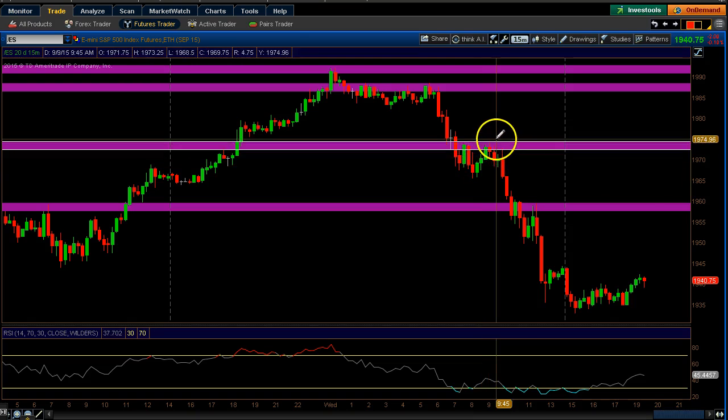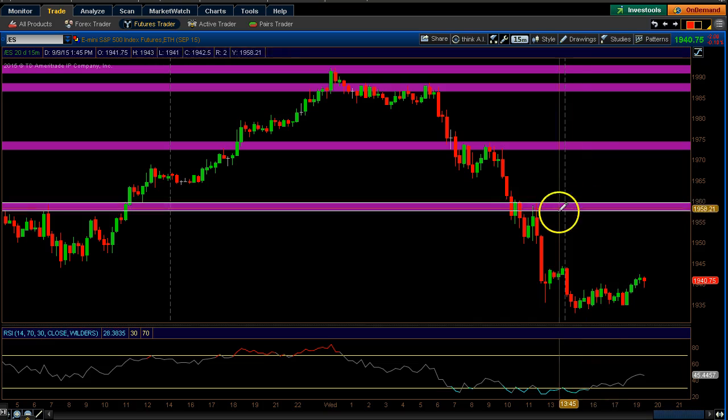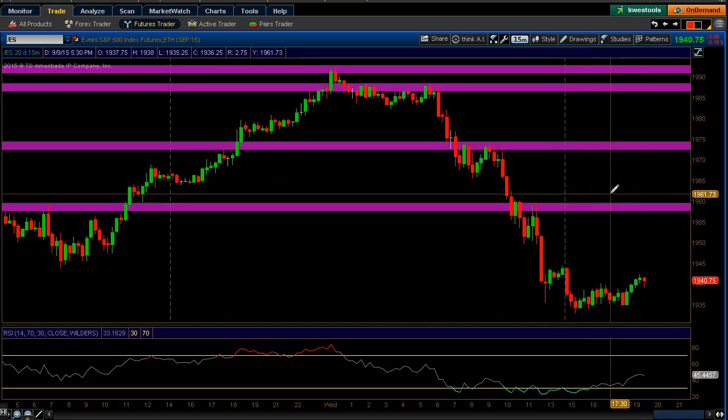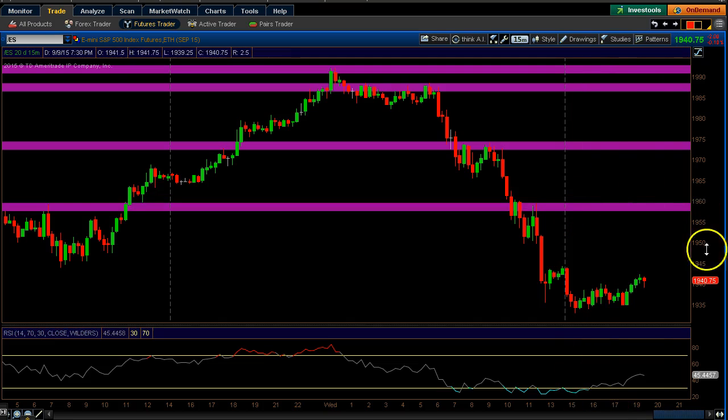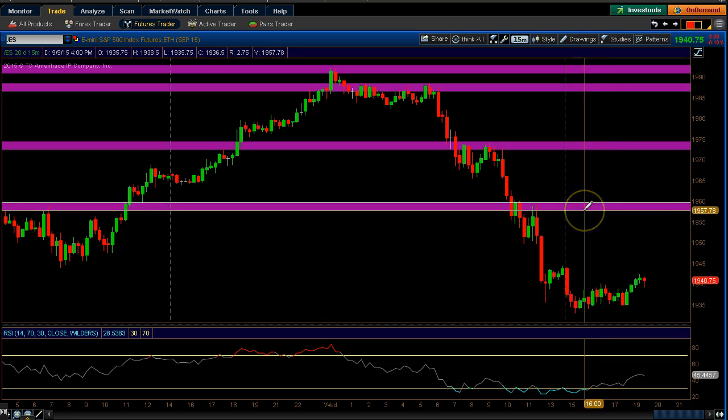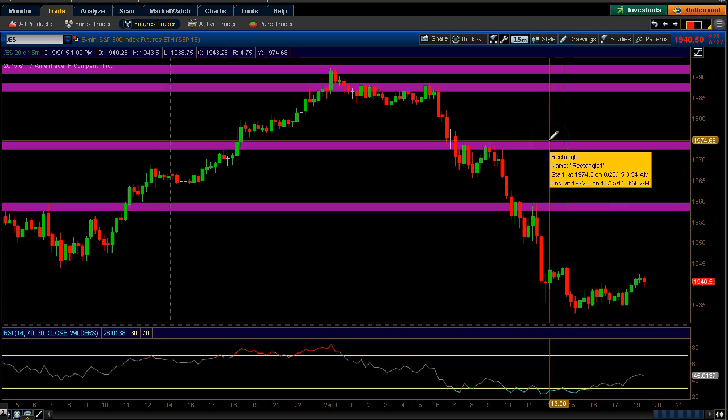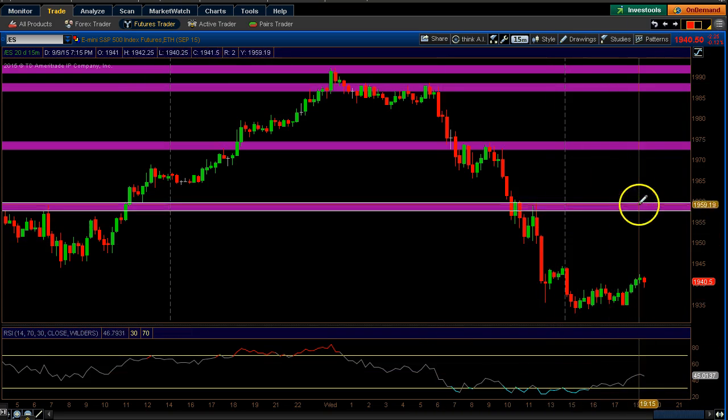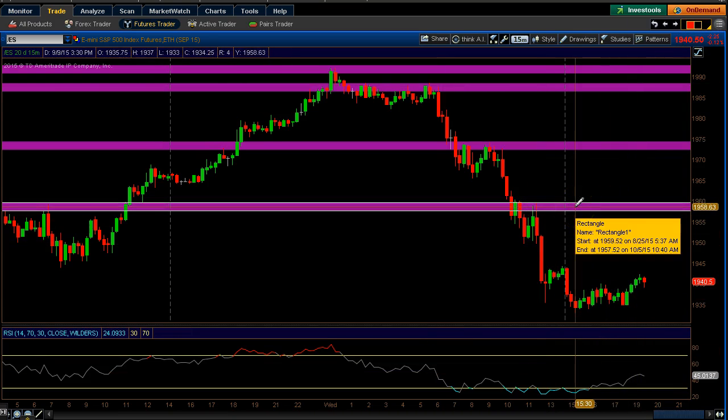Every time we rally, make a high, we fail, that's a lower high. All I'm doing is marking these off because later on when price rallies, it's going to already know all these levels. Just like in one of the very first lessons we went through, how to figure out the trend, you saw even a couple days later when price rallied back, it would stop literally to the tick.